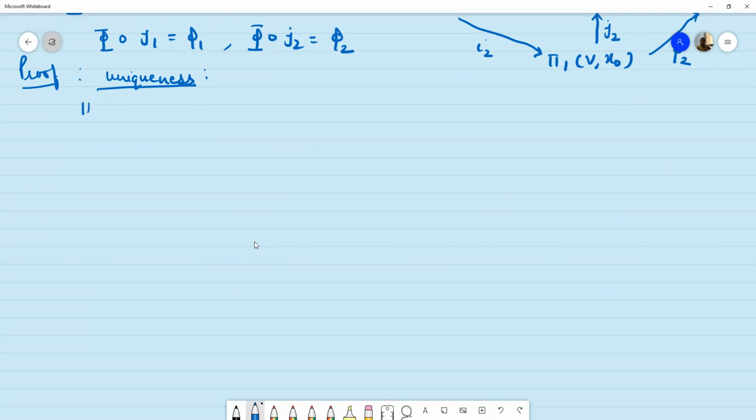We know that pi 1 of X, x naught is generated by the images of J1 and J2, as we have earlier discussed.